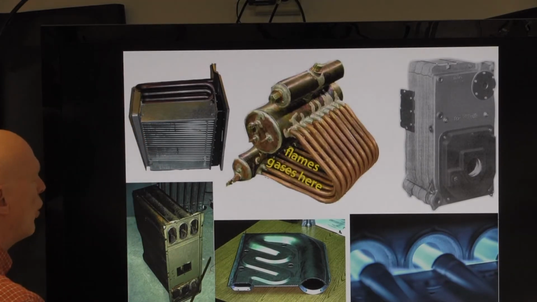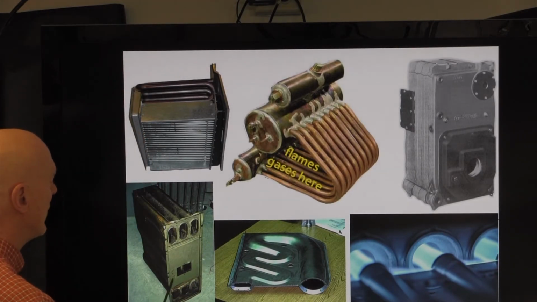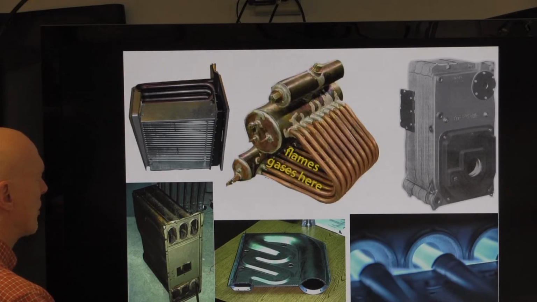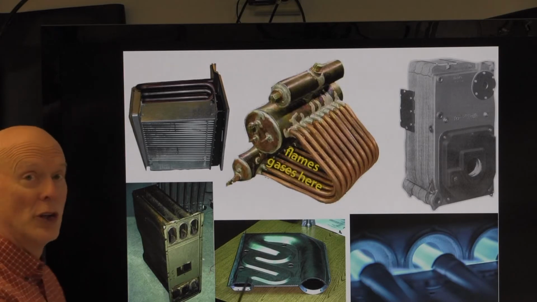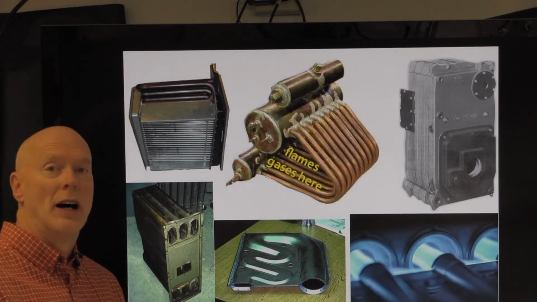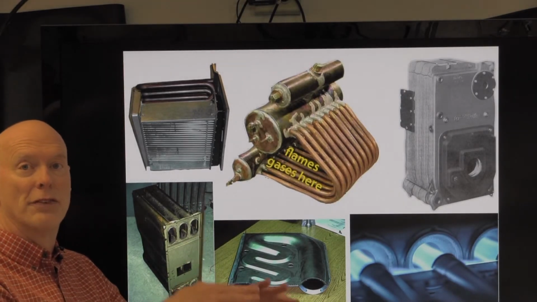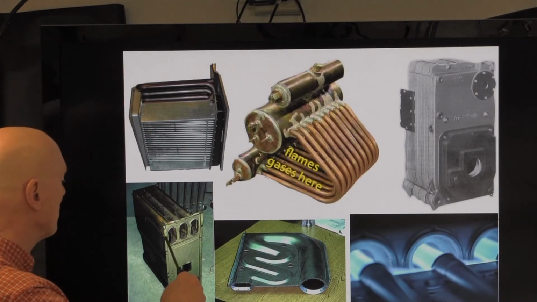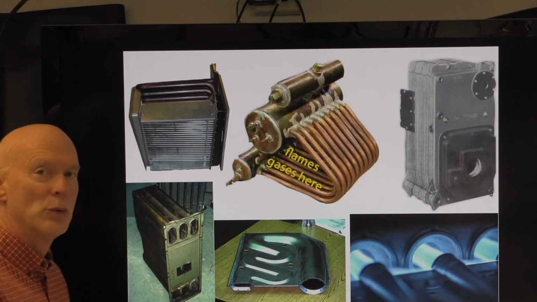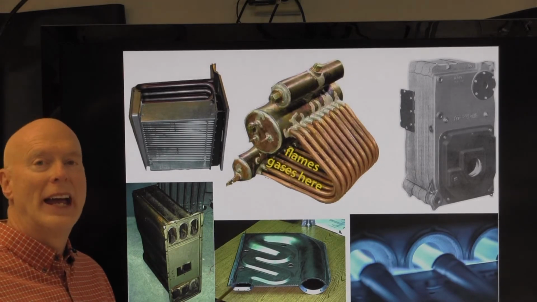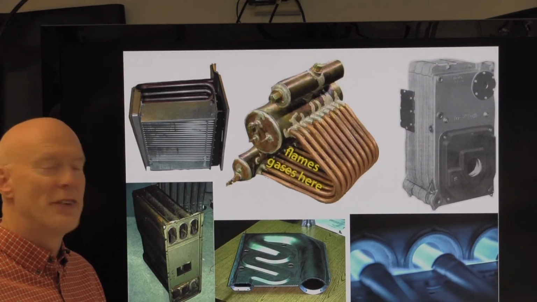Okay, this is an old furnace heat exchanger right here, and the burners are atmospheric burners. By atmospheric, I mean that they burn the fuel, and by virtue of the buoyancy of the flue gases, the gases simply rise through the heat exchanger and come out the other side with no aid from, say, a fan.